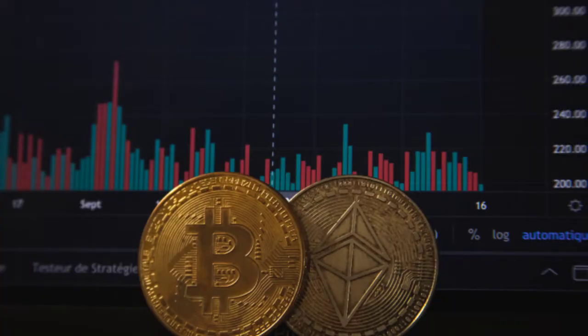Then we will talk about how to invest in a cryptocurrency. If we want to invest in a cryptocurrency, we must have an account on an exchange. I will give some description of the exchanges, and if you want, you can try and join with this link.